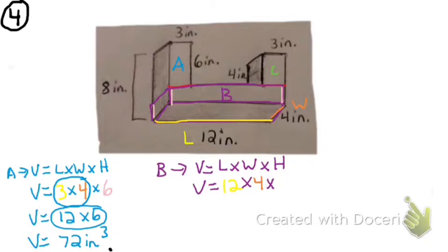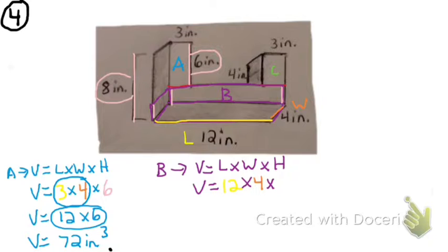Well, let's take a look at all of the heights that I can see. And oh, look what I see all the way here on the left-hand side. I see the entire height of A and B together is 8 inches. And I also see that the height of A right over here is 6 inches.